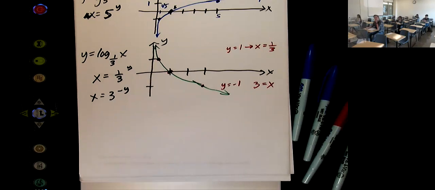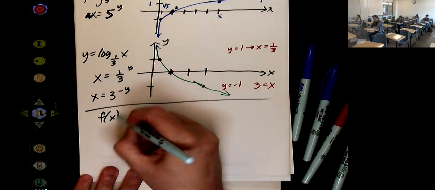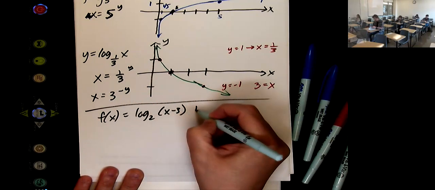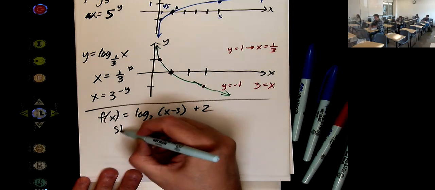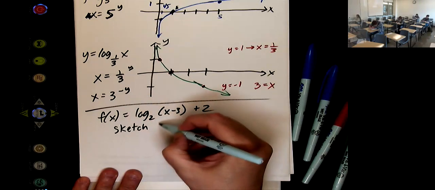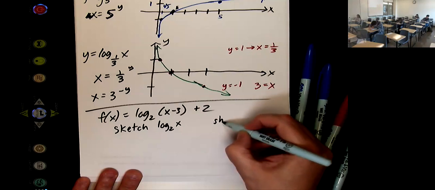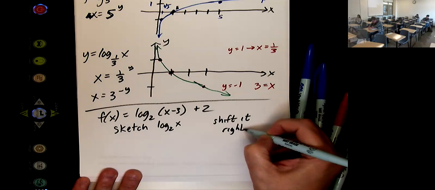The shifts work like normal. If we have something like f of x equals log base 2 of (x minus 3) plus 2, you sketch log base 2 of x and then shift it right 3 and up 2.